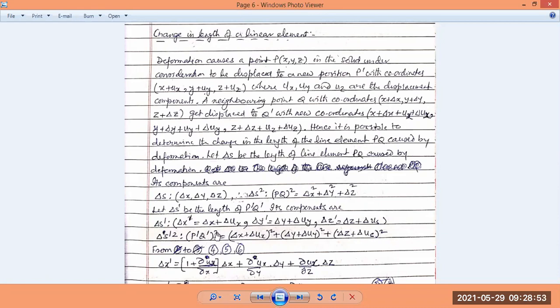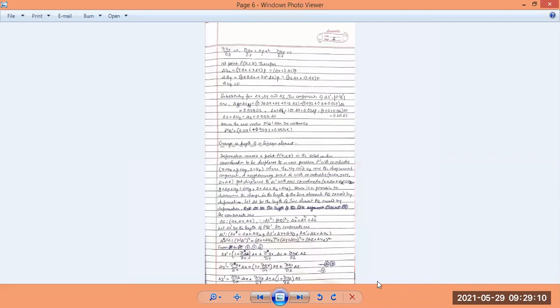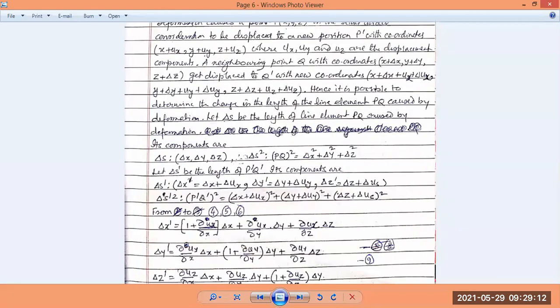For the same reason, it will be equal to delta x plus delta ux whole square, plus delta y plus delta uy whole square, plus delta z plus delta uz whole square. So what happens here? We know from our earlier solutions, 4, 5, and 6.